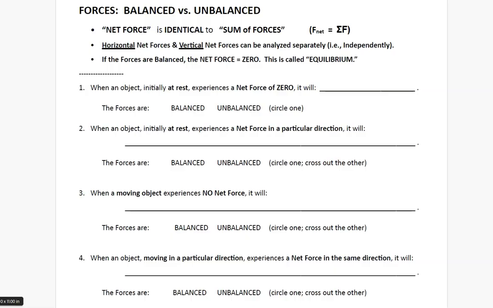So let's look at these questions. Number one, when an object initially at rest experiences a net force of zero, it will what? Well, if it's at rest, that means it has zero velocity, and if it has a net force of zero on it, that means there's no residual force acting on the object.